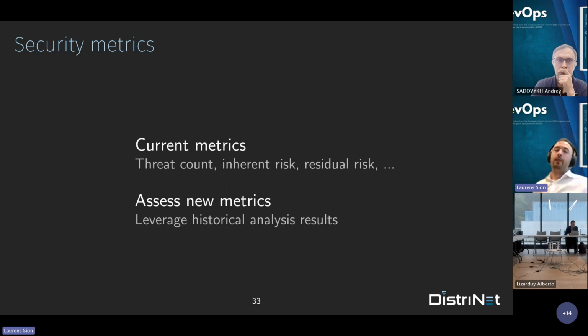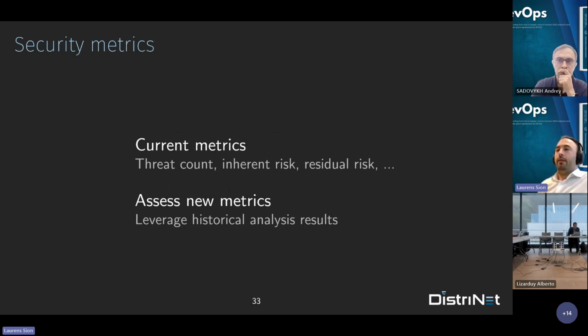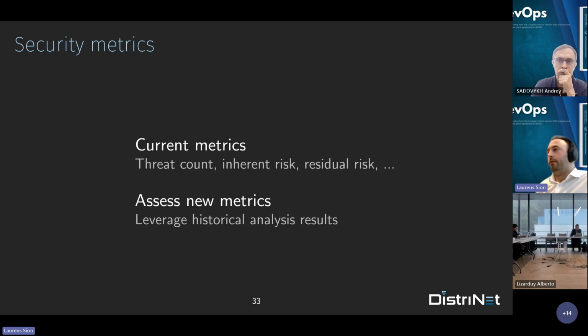And then the final element is the metrics themselves. So currently, we calculate the amount of threats. We have the inherent and residual risk. We have some information about how the model evolves in complexity and size. But these are probably not the only relevant information that you could calculate based on these models and these threat analyses.